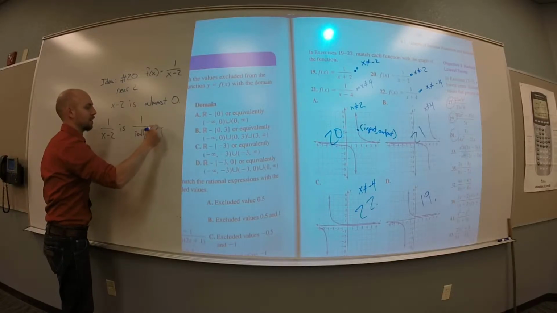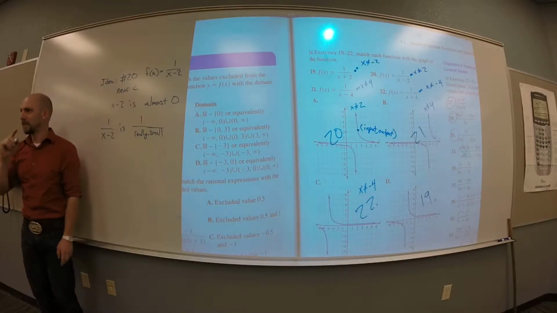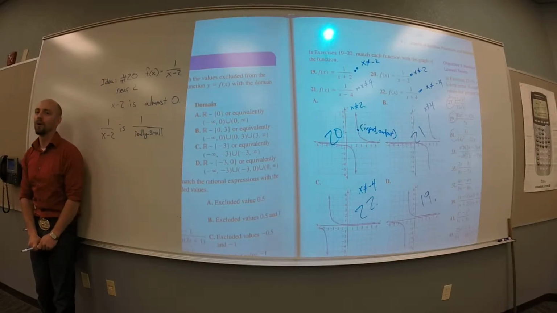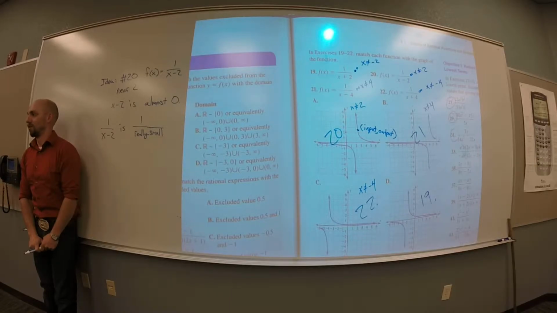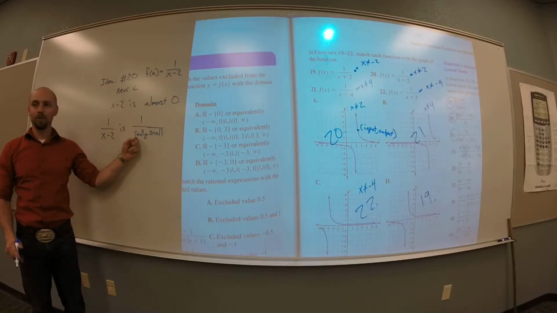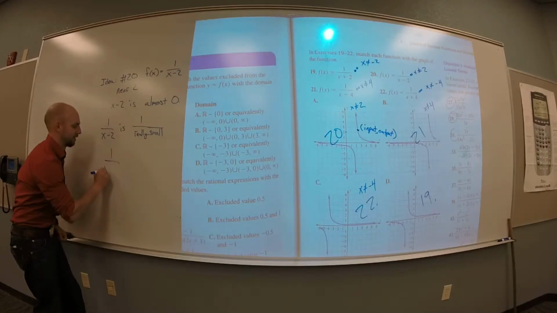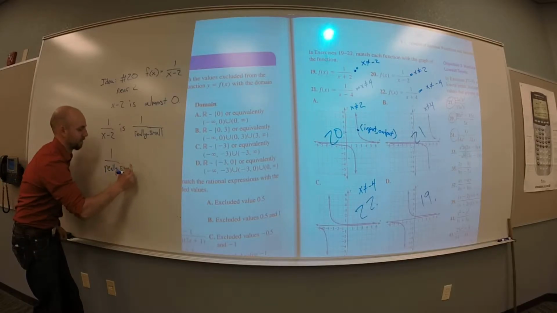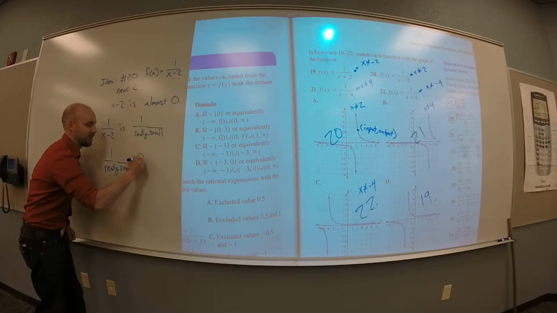You guys see that? Okay, so how many times does a really small number go into 1? A lot of times. So 1 over a really small number is really big.